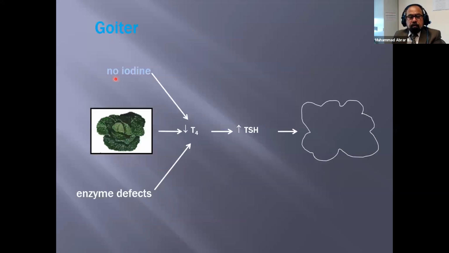If there is no iodine or an enzymatic defect, as we have discussed already, there is a decrease in T4 level and an increase in TSH, because the pituitary gland is continuously secreting TSH to make more thyroxine. Because of the iodine deficiency or some goitrogenic vegetables, the thyroid is not secreting the hormone out, so it accumulates in the thyroid gland, and the gland increases in size.